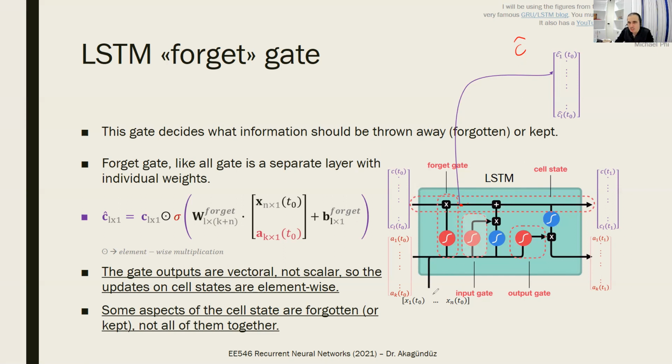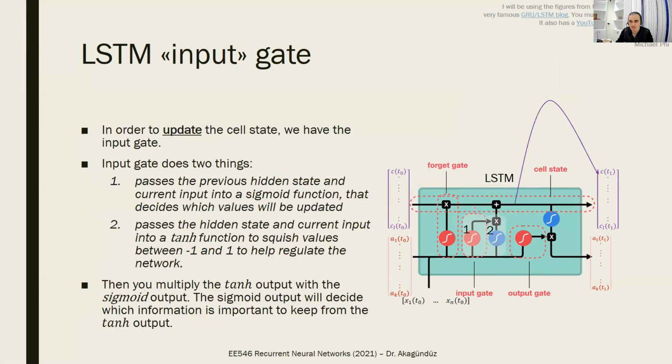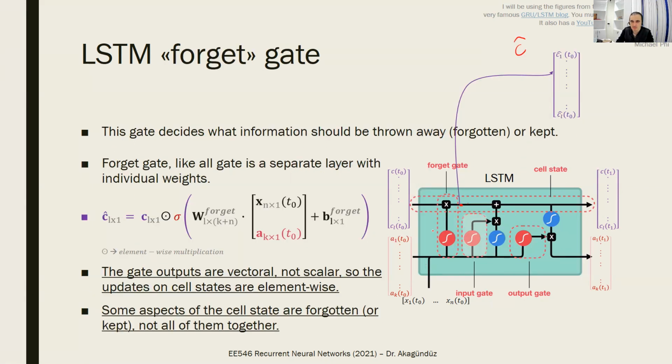And the formulation is, just like the RNN, you concatenate the hidden state with the input, which is this one and this one and this one. So this is the concatenation.